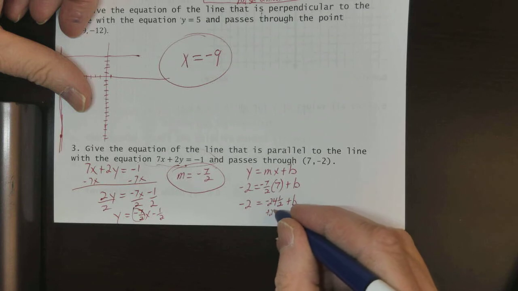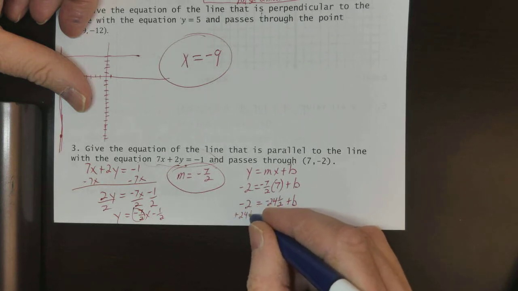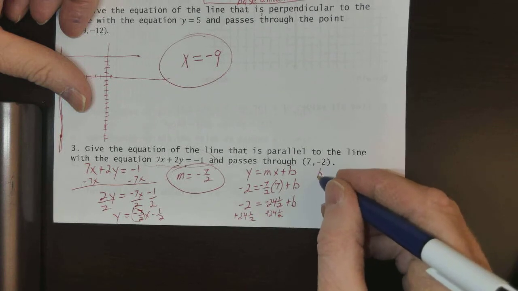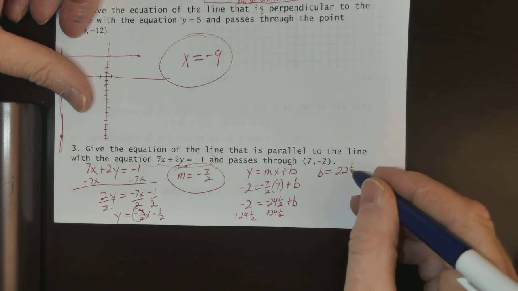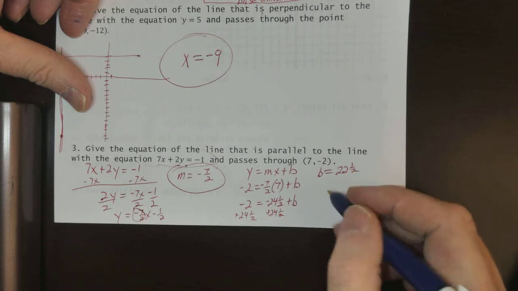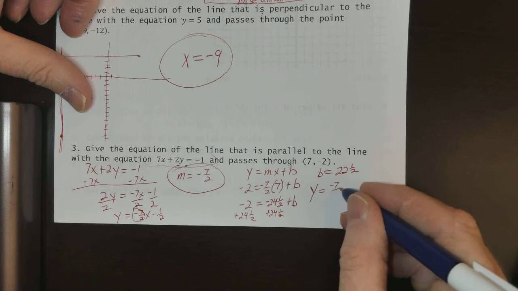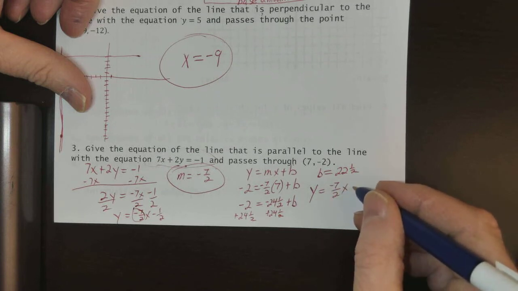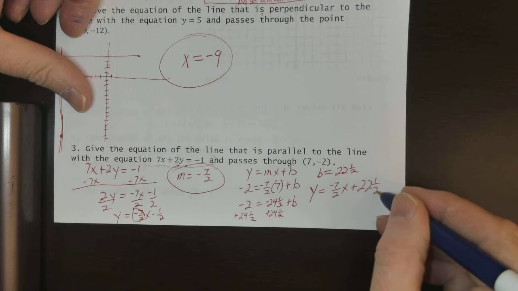If I add 24.5 to both sides, I'm getting b equaling 22.5. So my equation is y equals negative 7 halves x plus 22.5.